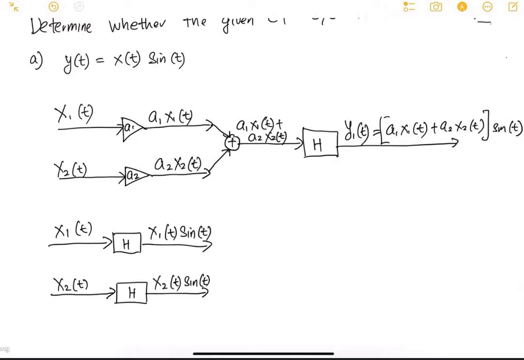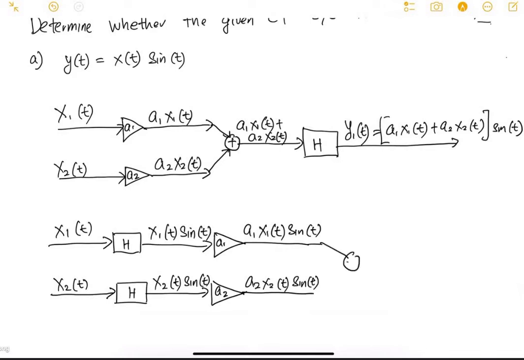Each of the outputs after the system is multiplied by a constant. So what will you get here? a1 x1(t) sin t. The second one is the same, with a2, so you obtain a2 x2(t) sin t.